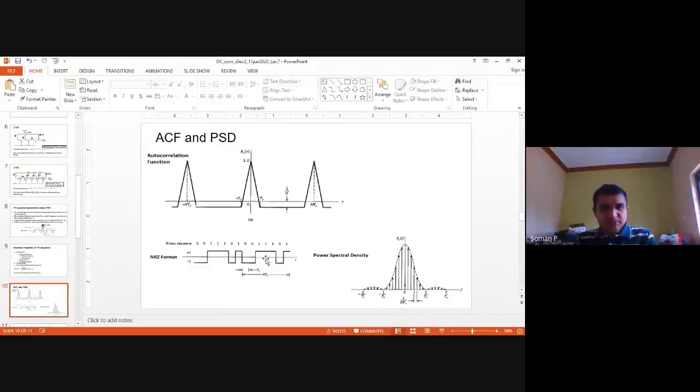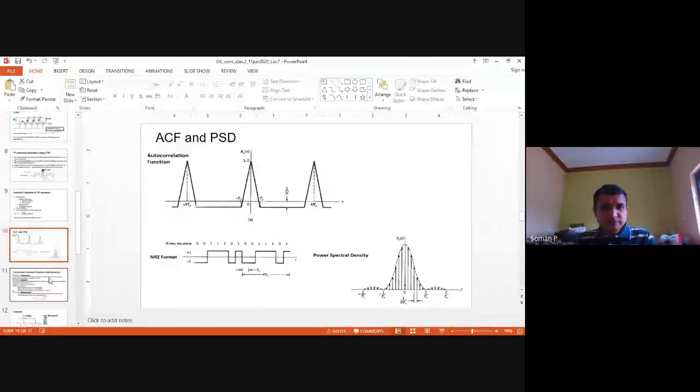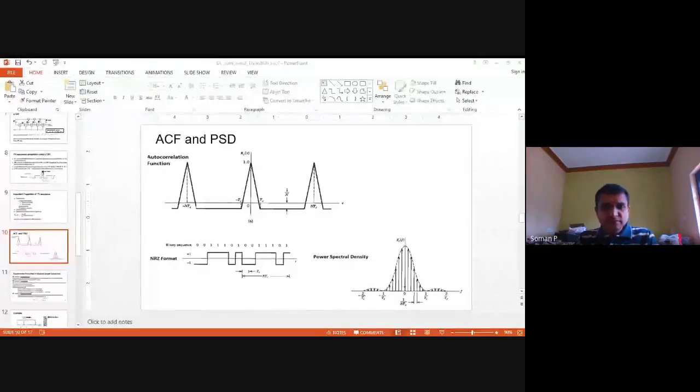It is 1. And for other values of k not equal to 0, what is the autocorrelation function? It is minus 1 by n, that is minus 1 by 1023. Straightforward. Is it clear?